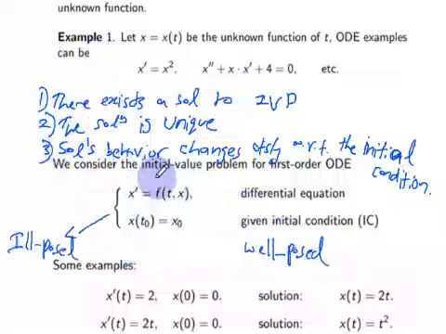So if this problem satisfies all these conditions, what are the conditions? There exists a solution to this system, the solution needs to be unique, and the solution's behavior changes continuously with respect to the initial condition.